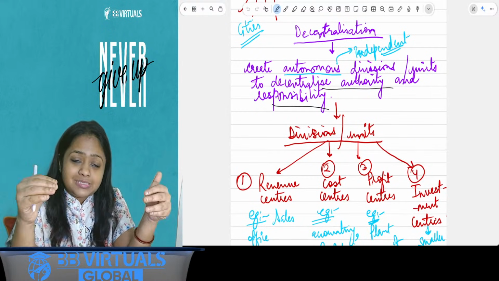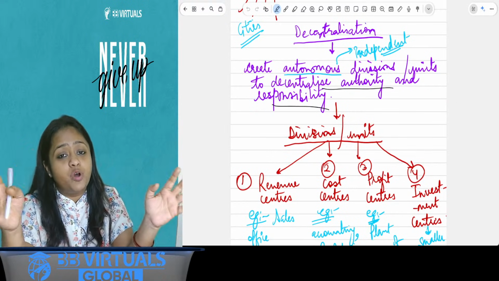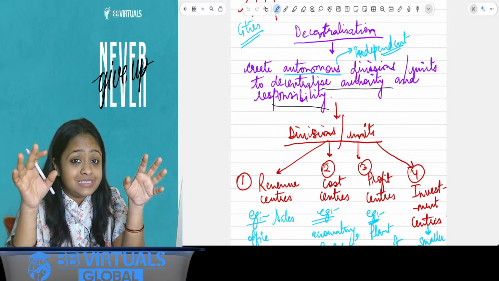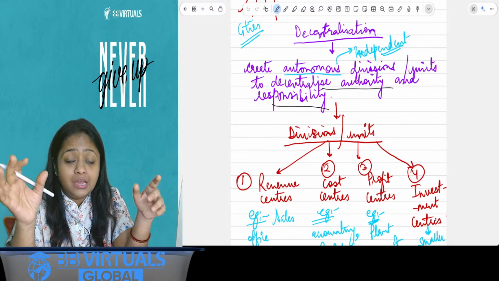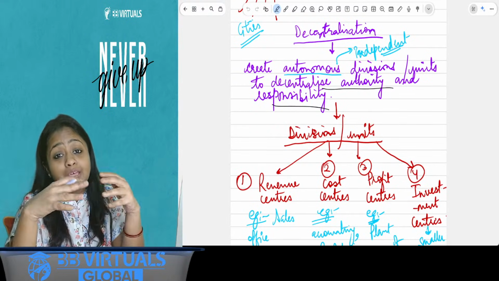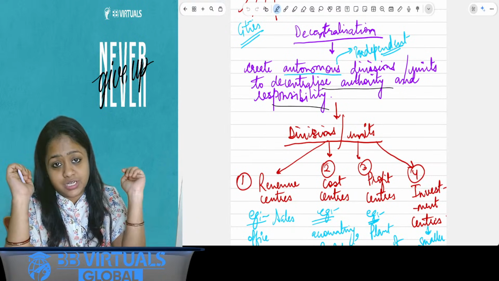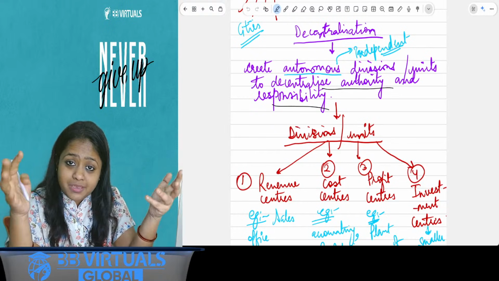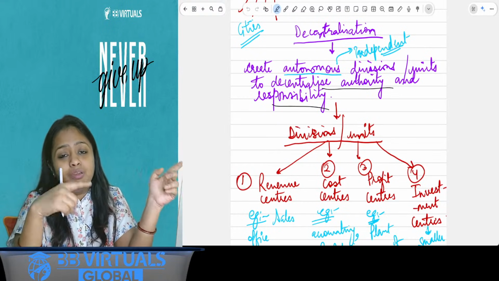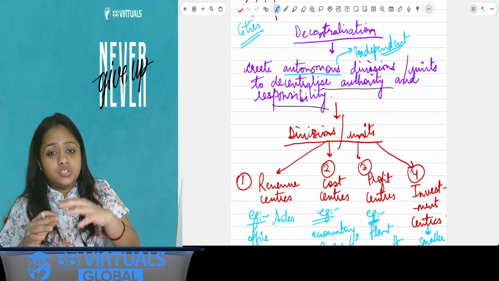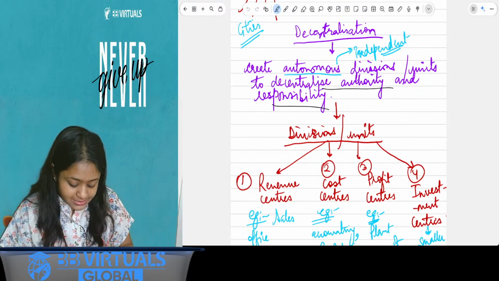So the purpose here is to look into the managers' performance evaluation, and for managers also, what is their evaluation criteria when they evaluate the performance of their divisions. And the question comes in, for example, there is a new project, so whether they would be accepting that project by only looking into the division's performance point of view or not. So that also we are going to answer. Look at my screen.